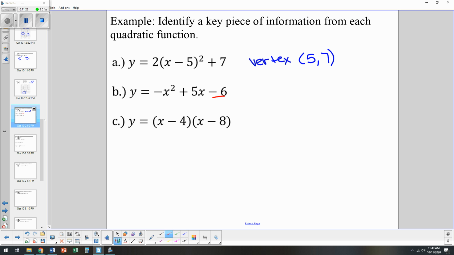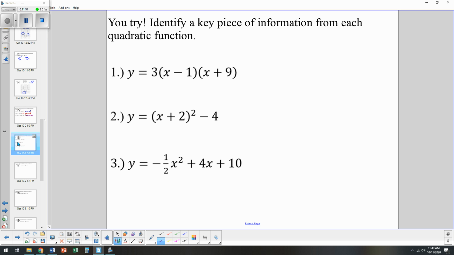So standard form, we look to the c value. I know my y-intercept would be (0, negative 6). And for C, this is an intercept form. So I know my x-intercepts would be (4, 0), right, opposite of negative 4, and then opposite of negative 8, (8, 0).